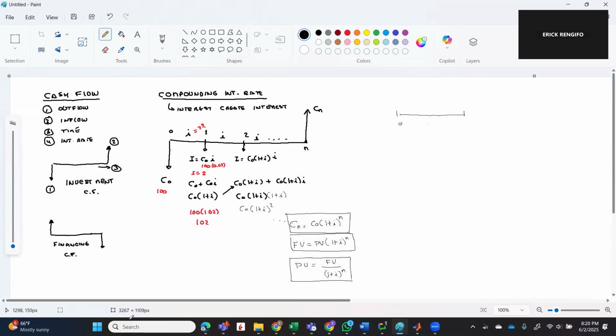If we are in period 0 and period n, and we have money in the future and we bring this money to the present, this is called discounting. Now, if I move money from the present to the future, this is called compounding. And the formulas are basically these. Make sense?